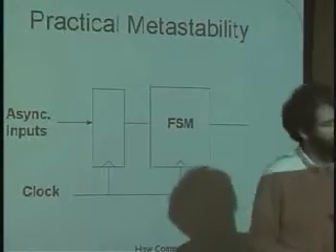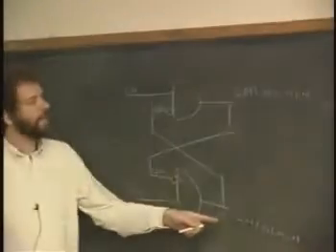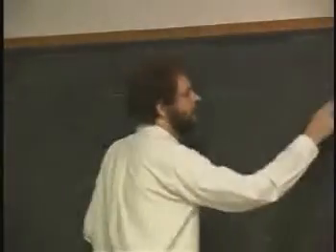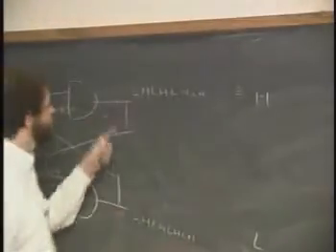Now let's talk about how the ones and the zeros might resolve over here. Why would this ever end up in a nice state, either high here and low here, which means that this top guy won, or low and high, which means that the bottom one won?